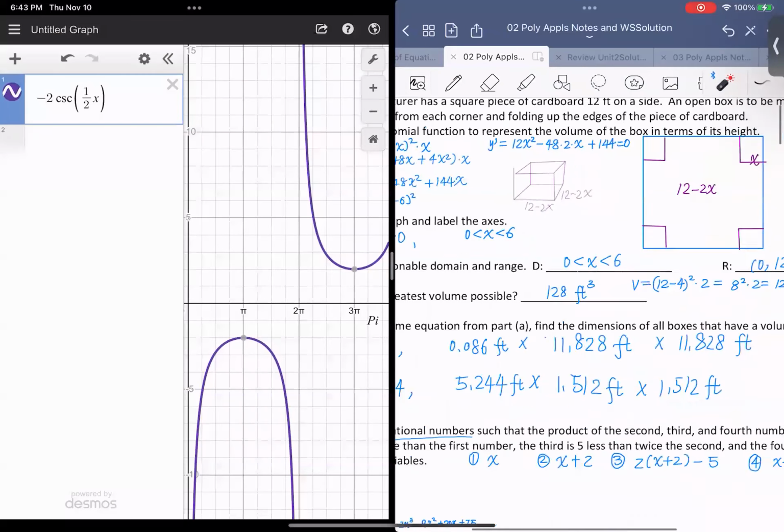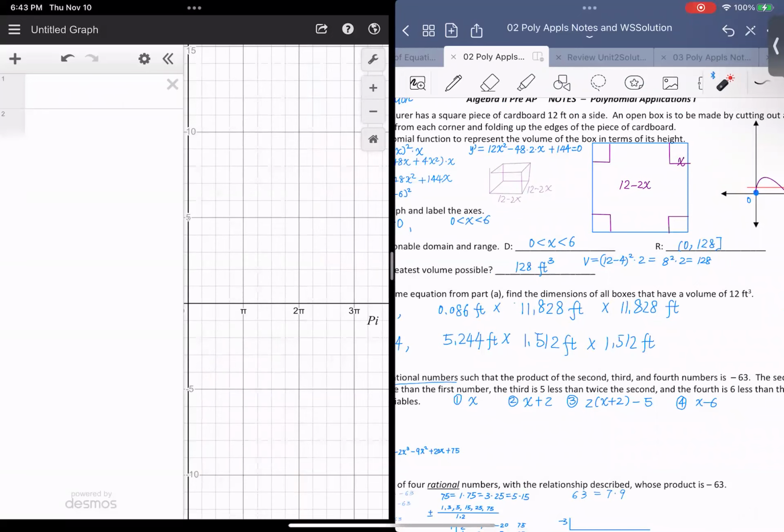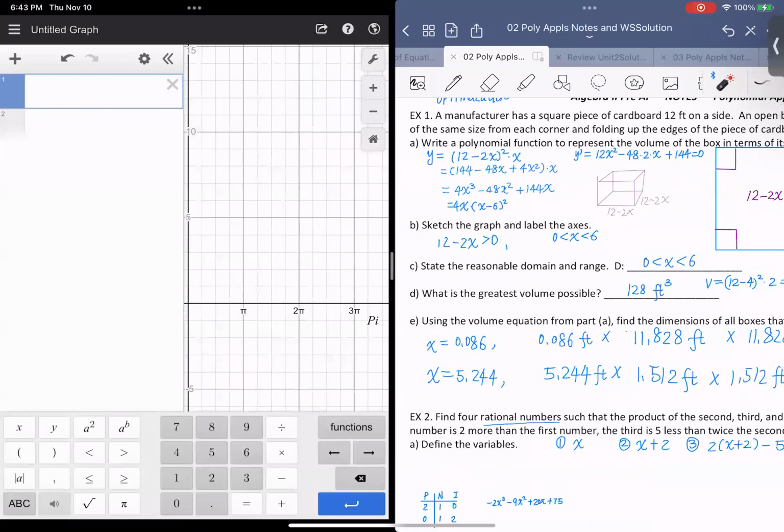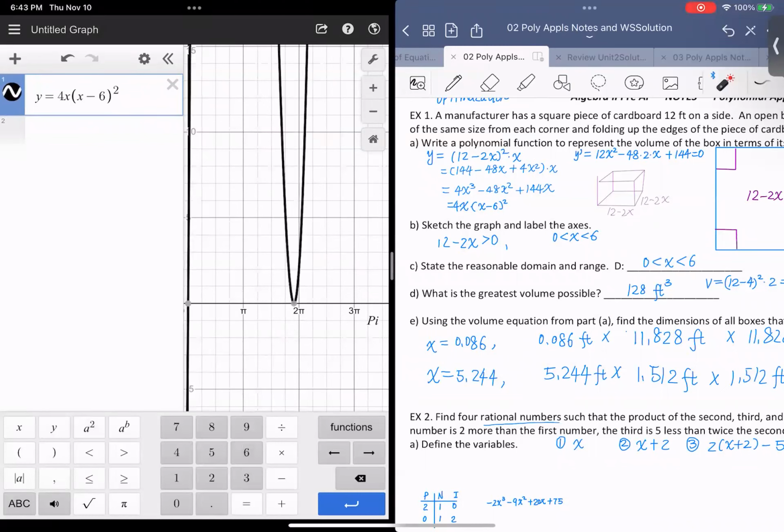You can draw this in the graphing calculator: y equals 4x times (x minus 6) squared.